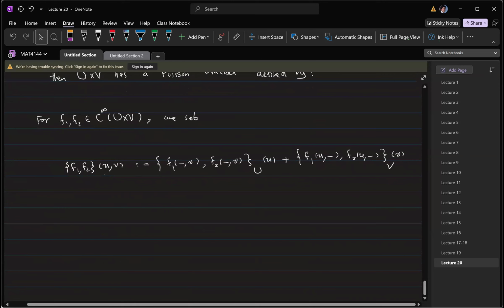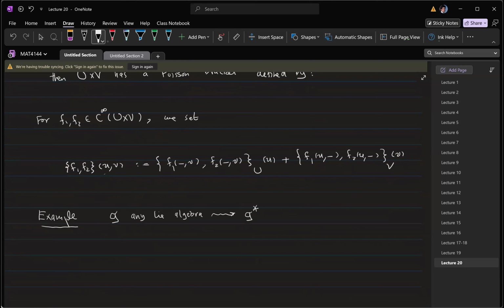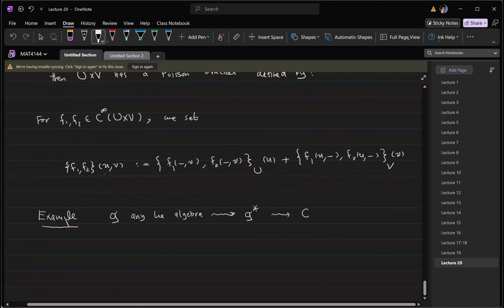Now, next time I would like to talk about the following important example: if you have any Lie algebra over R, you can look at its dual just as a vector space, and we can consider functions on the dual of the Lie algebra.